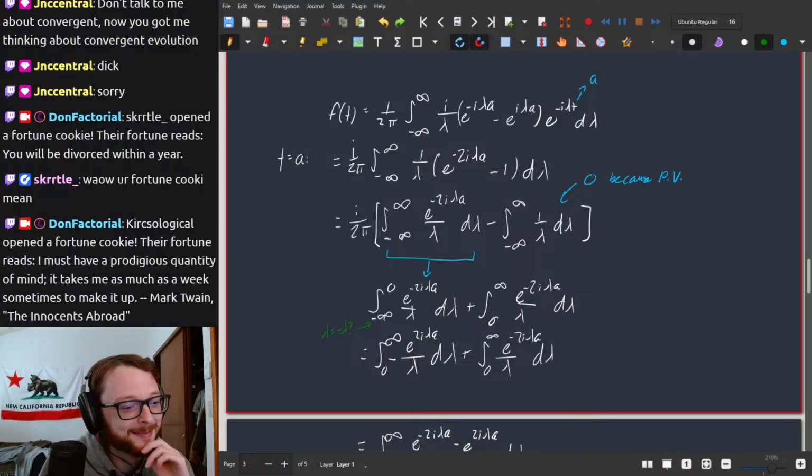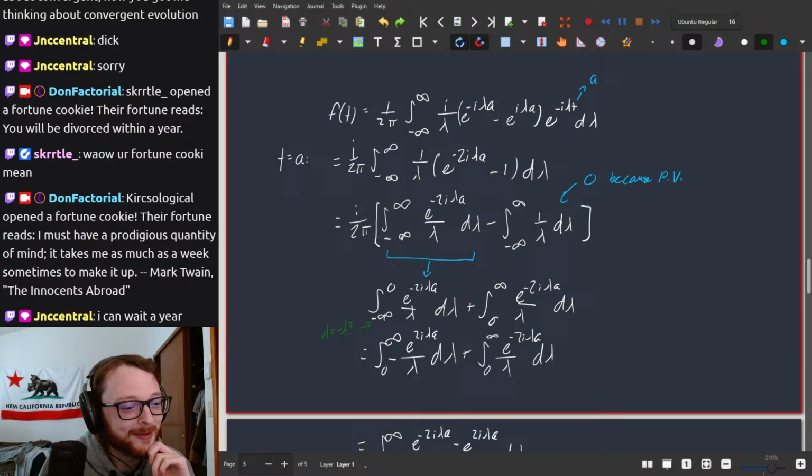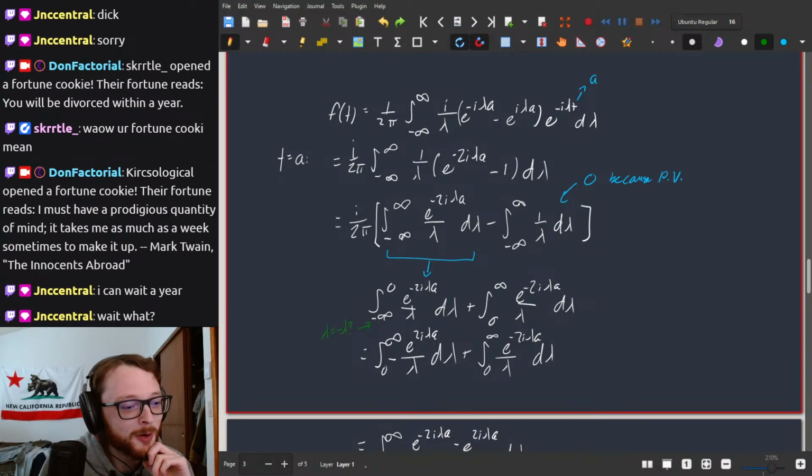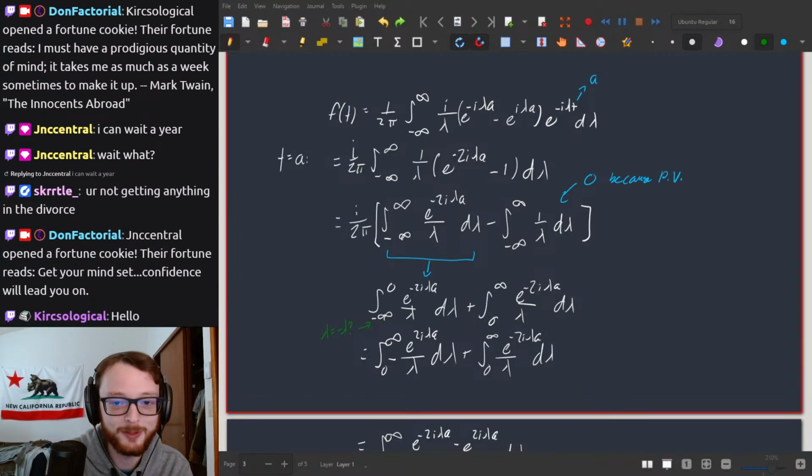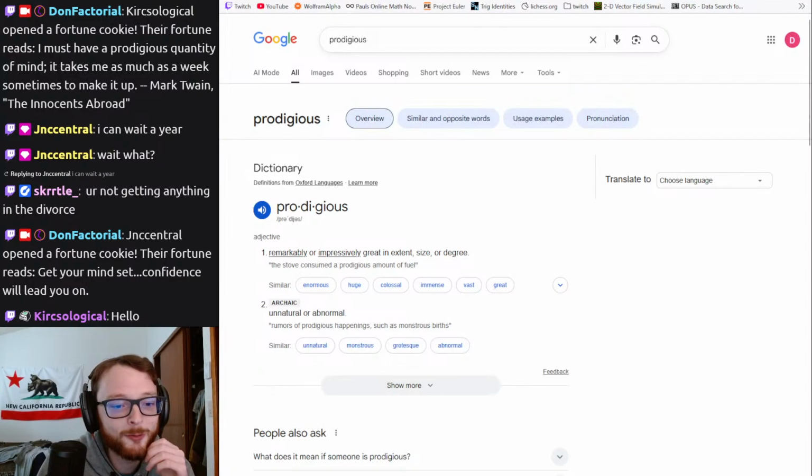Kirk, hello. Hopefully your fortune is better. I must have a prodigious quantity of mind? It takes me as much as a week sometimes to make it up. Mark Twain, The Innocents Abroad. Okay, a Mark Twain quote in a fortune cookie feels like a scam. I feel like it shouldn't be a Western writer. What the hell does prodigious mean? Remarkably or impressively great in extent, size, or degree.